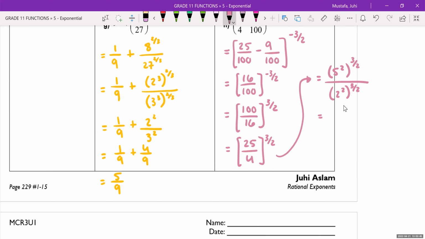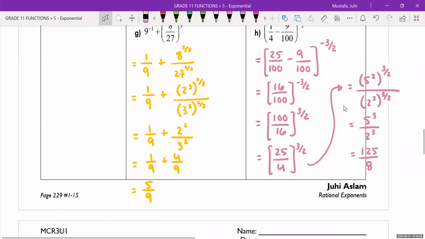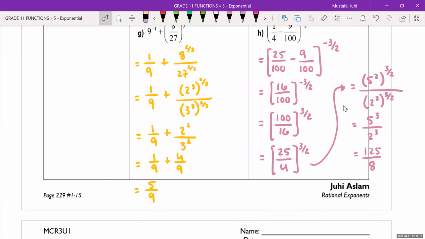So now this is going to give me 5 to the power of 3, and this is going to give me 2 to the power of 3, which means my final answer will be 125 over 8, which cannot be reduced any further. If you hadn't reduced the fraction, it would still work. You just have to reduce your final answer a little bit more. Either way is correct. 5 over 2? I don't think they're divisible.